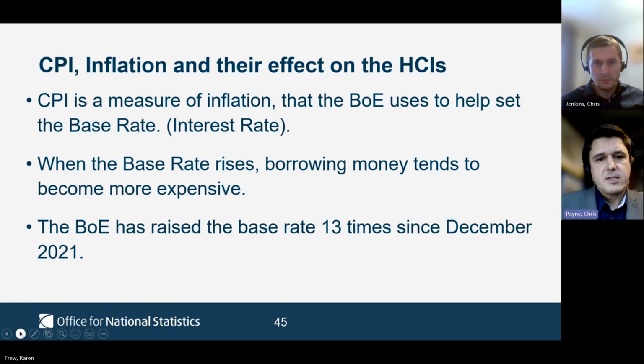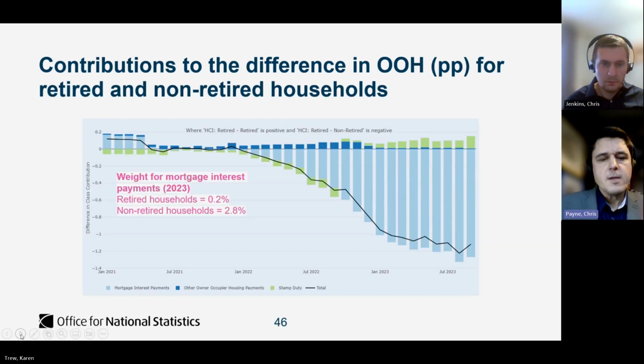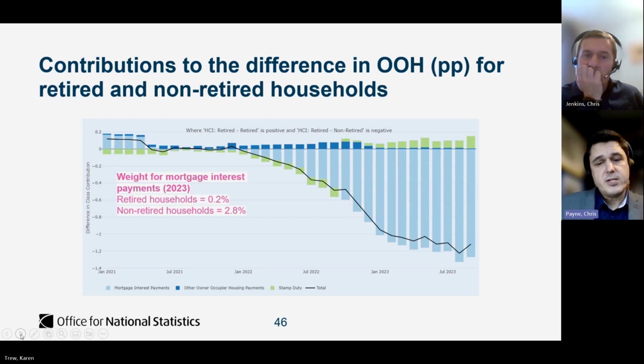Well, if we go on to the next slide, this chart again shows the contribution to the difference, but here we've zoomed in on the contribution to the difference from owner-occupied housing costs. The bulk of that contribution is mortgage interest payments.